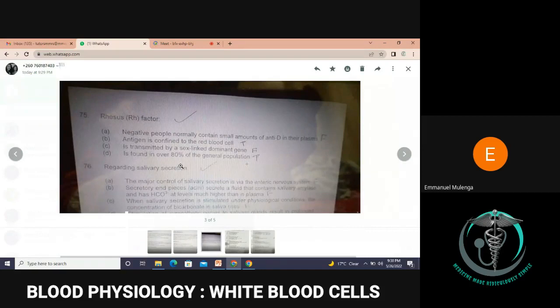Because of the antigen that is present, which is D. So in Rh negative, they don't have the antigen D. This is why we refer to them as negative people, because they don't have the Rh factor, which is antigen D. Okay, I agree with you, but is there any person in the class who disagrees? I think his explanation is quite straightforward. Is there any person who thinks otherwise?